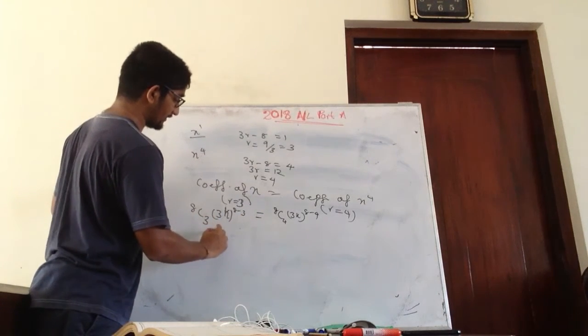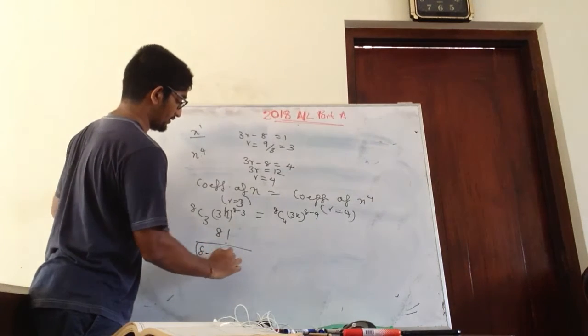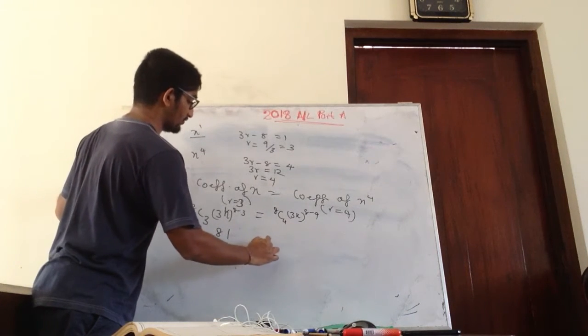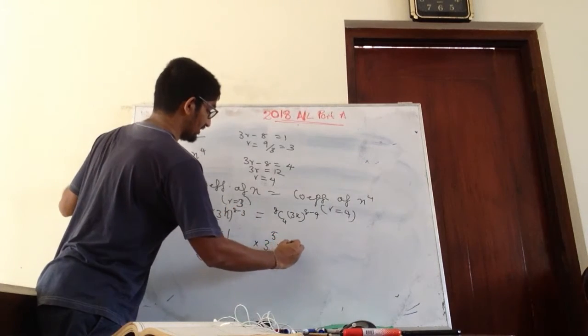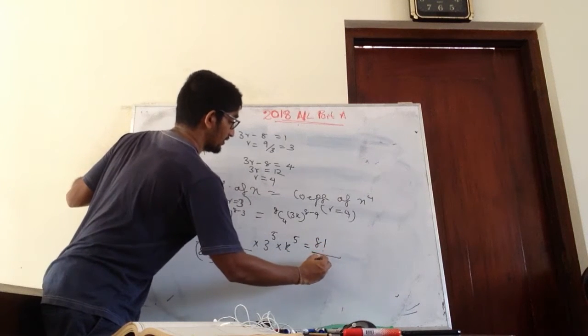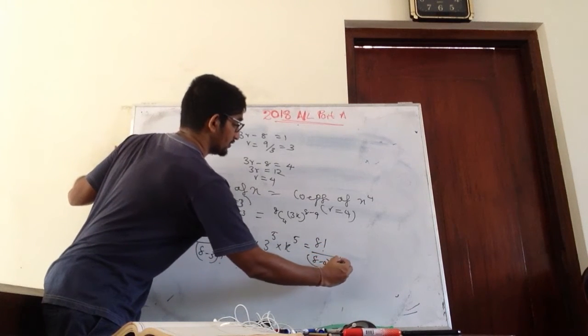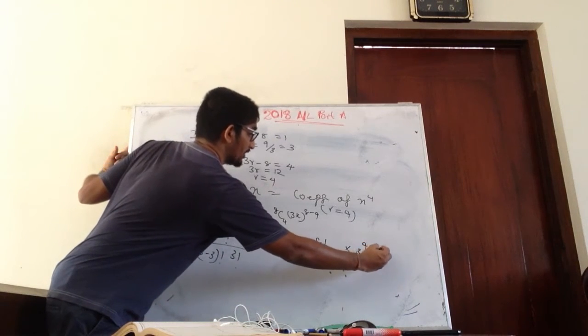So we'll get here 8 minus 3, that is 5, so 3^5 k^5, and 8 minus 4, so 3^4 k^4.